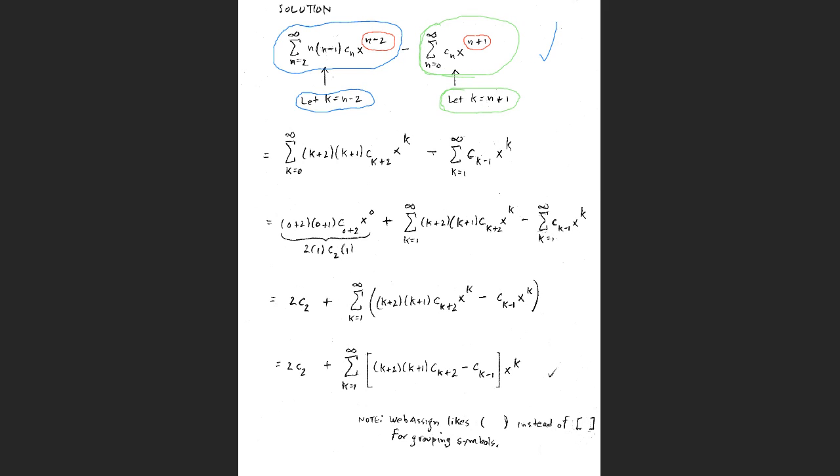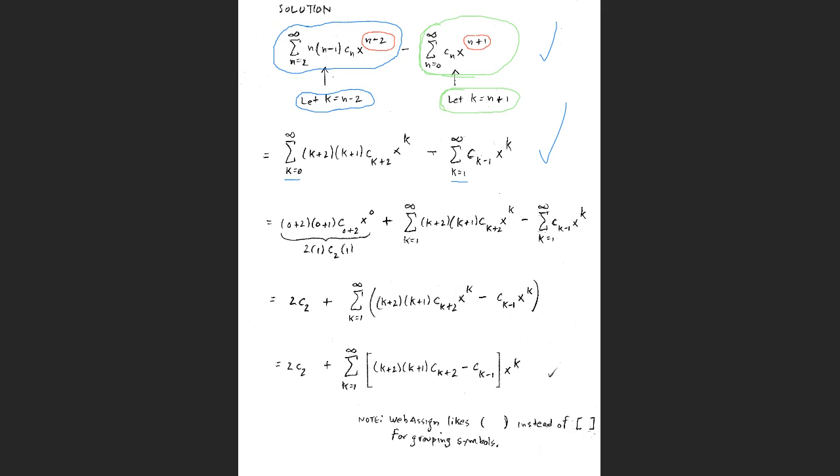In this second step, when we make this change of variable, change of index, we have a series where the first power series starts at k equals 0. The second power series starts at k equals 1. So we can't combine those as they are, but we will. I'll show you how we handle that. Very good question.